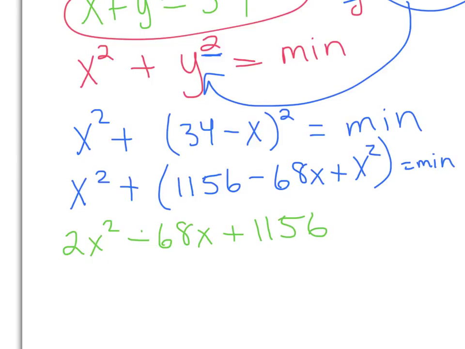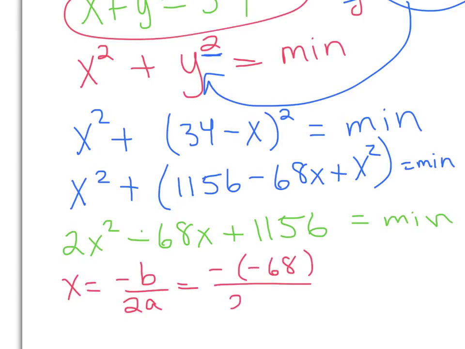And now this is our quadratic that we need to figure out our x value of the vertex. In doing that, minus b over 2a, so that's negative negative 68 over 2 times 2, and that gives us 68 over 4, and that tells us that the value of x is 17.